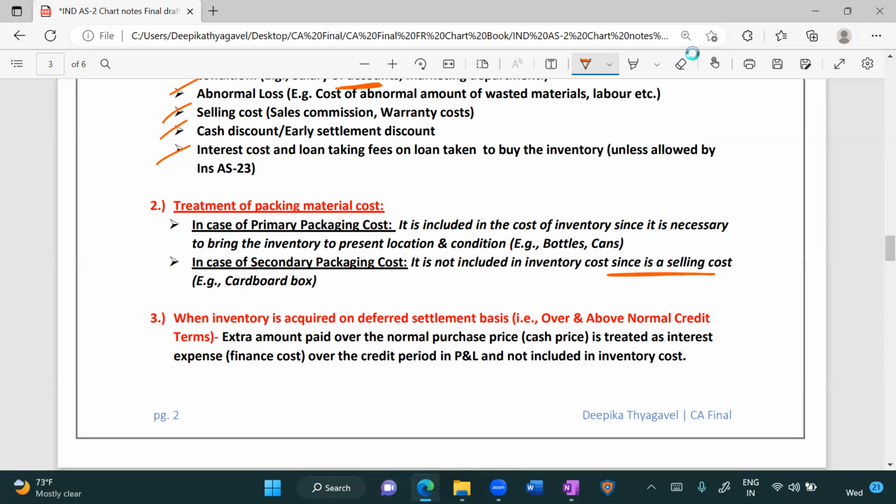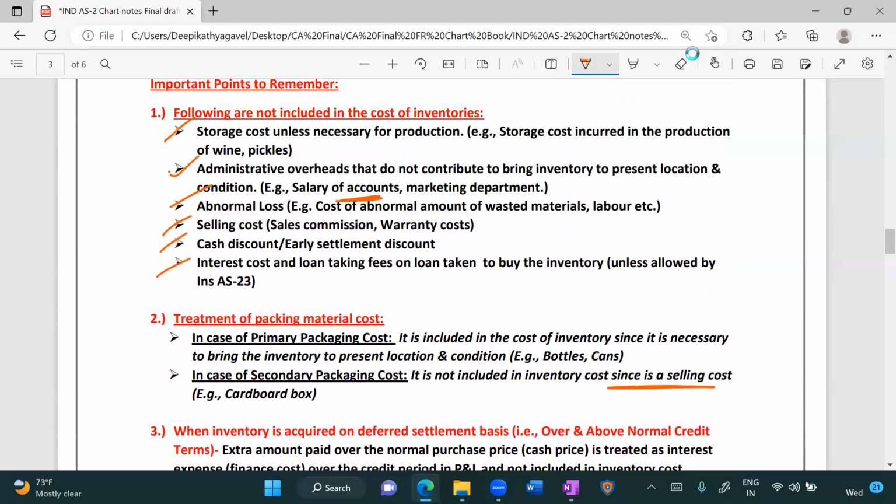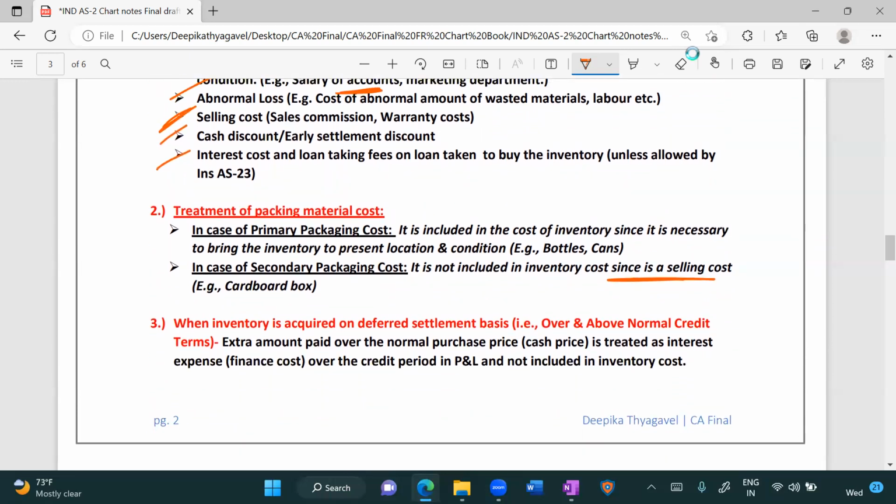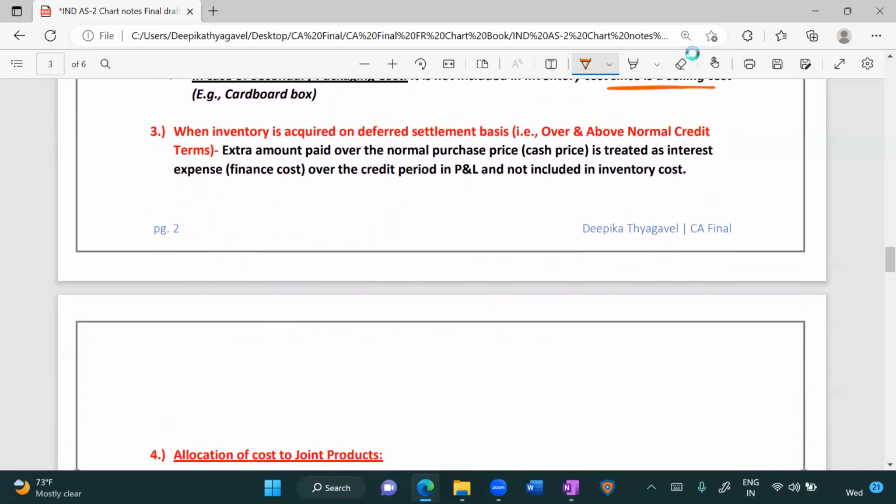But the bottles or the cans that you're using are very much necessary to bring the inventory to the present condition and location, so that primary packaging cost will be added to the cost of inventory. But the secondary packaging cost will not be added, because in simple terms, it's your selling cost. That's the reason why we'll not be adding. And here you have already read that selling cost will not be included.